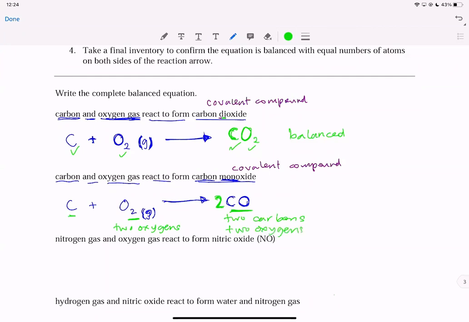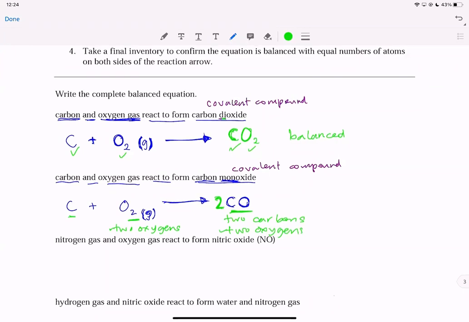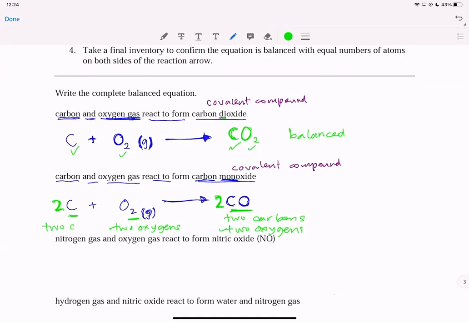So the 2 oxygens balance, but now I need to balance the carbons. So I'm going to put a 2 coefficient in front of that carbon. So there's 2 carbons on both sides and 2 oxygens on both sides. And now this is balanced.